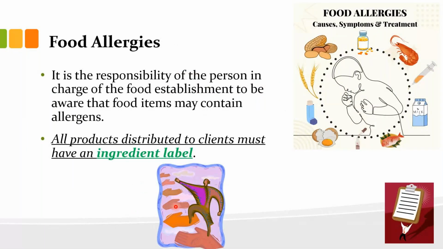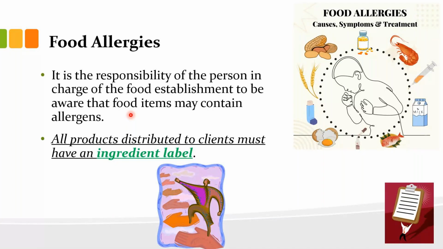Regarding food allergies, it's the responsibility of the person in charge of a food establishment to be aware that food items may contain allergens. Some people are lactose intolerant. Some people are sensitive to wheat or corn products.